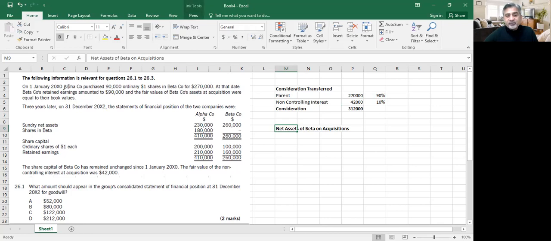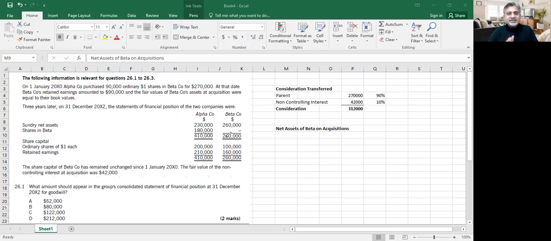One is the date of acquisition, and one is the date of the financial statements. And there is a 3-year difference, because acquisition happened on 1st January 2000, and these financial statements have been given 3 years later, on 31st December 2002. So we need to find out what the net assets were.